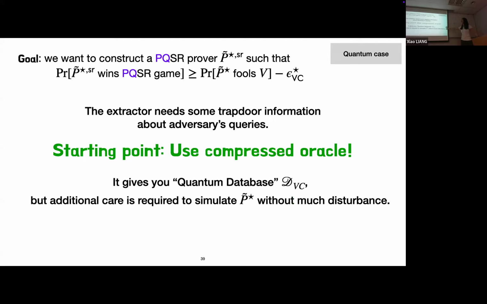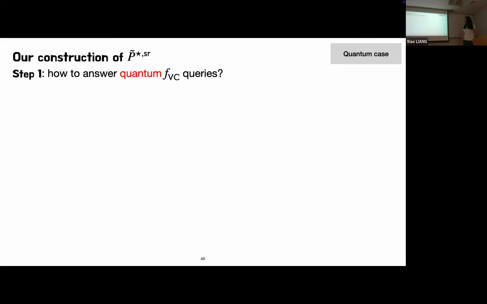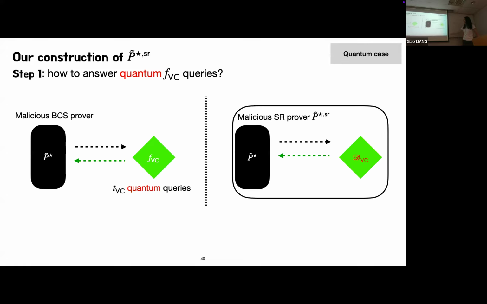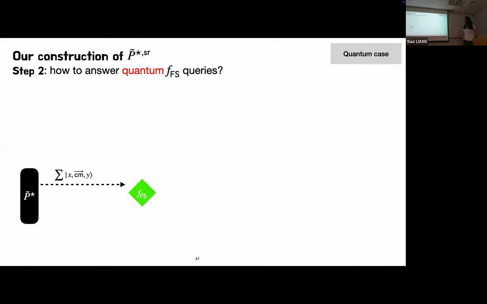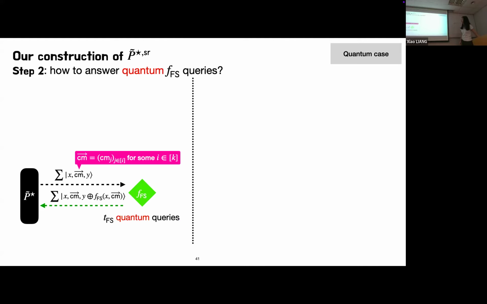It gives you some quantum database. But we need to take additional care to simulate the BCS prover so that it doesn't cause much disturbance. The VC queries we just answer with the database register with the compressed oracle, as usual. For the FS queries, since we want minimal disturbance, we run everything coherently instead of measuring the database.